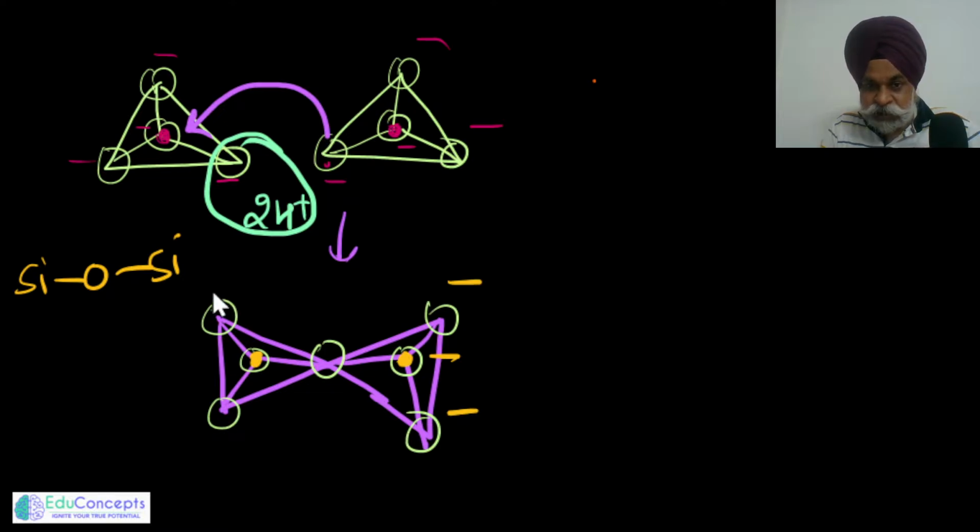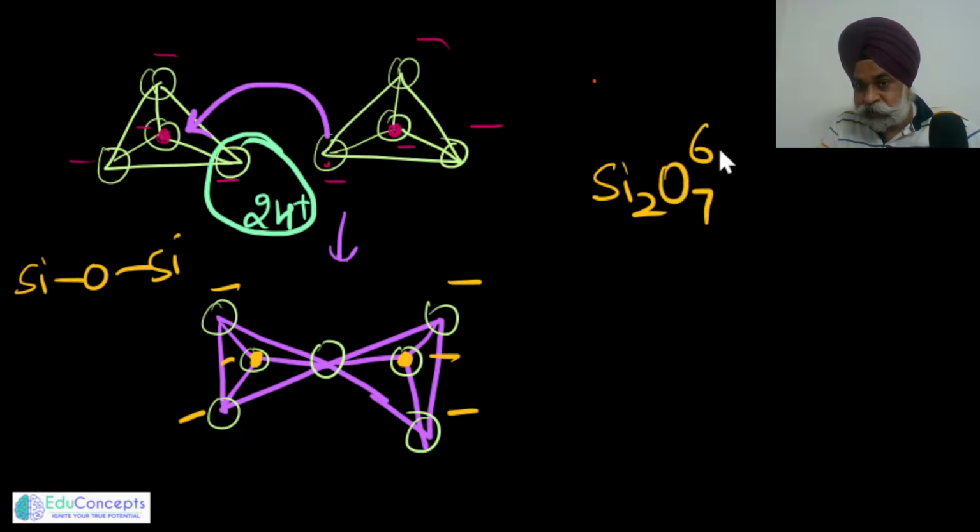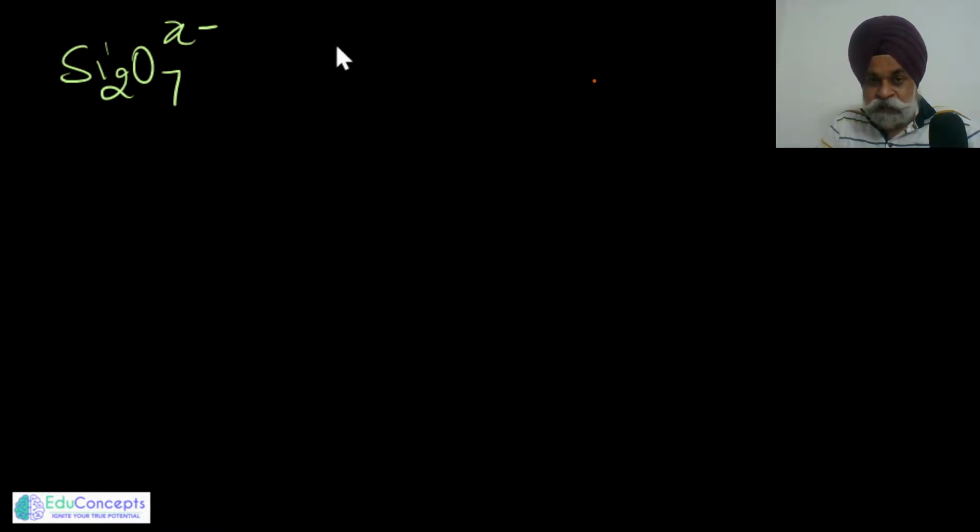The negative charges are on the oxygen atoms which are joined to a single silicon. That is very important to understand. And this we got as Si2O7 6 negative. Another style of question which may come at exactly this point, which you might be aware of, is that they simply ask you Si2O7 X negative. Find the value of X.